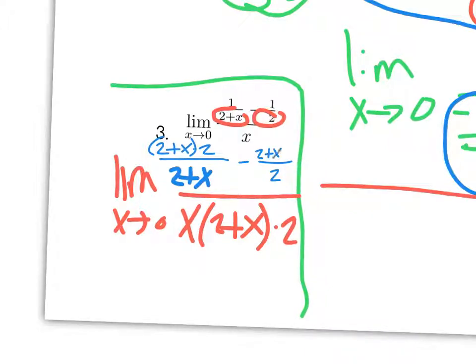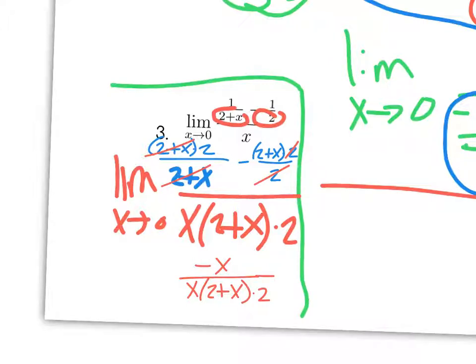And then 2 plus x times 2. We got some stuff to cancel out. And we end up on top, 2 minus 2 is going to be 0, and then minus x. And on the bottom, we got all this junk. We got x, and then 2 plus x, and then times 2.